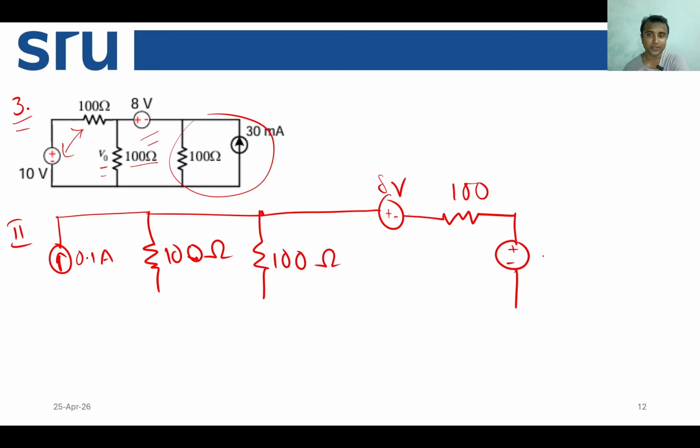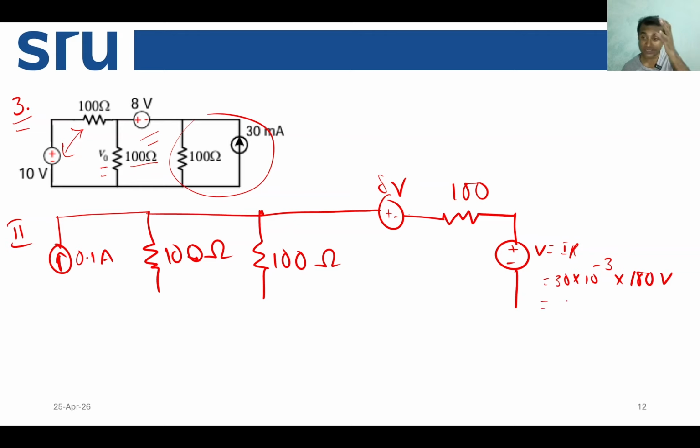It should be 30 milliampere times 100 ohm, so 30 into 10 to the power minus 3 times 100. We are doing it wrong. Actually it should be V equal to IR, so V equals 30 into 10 to the power minus 3 times 100 volts.